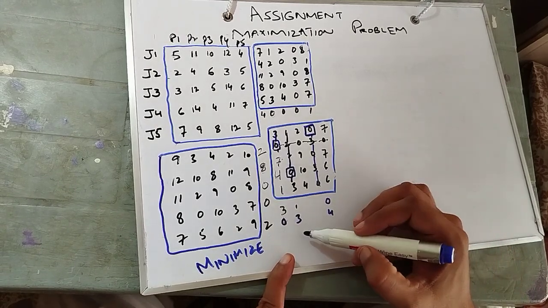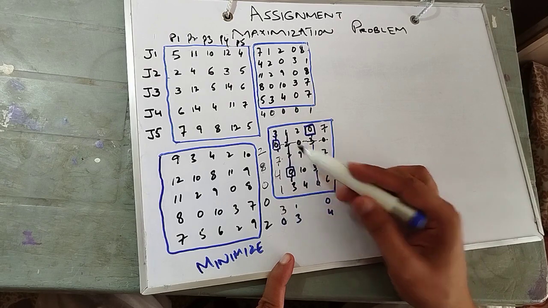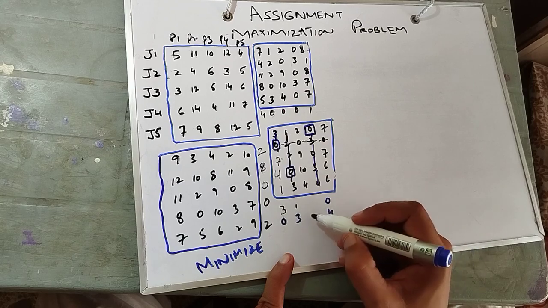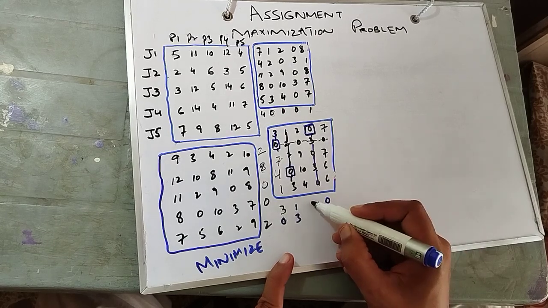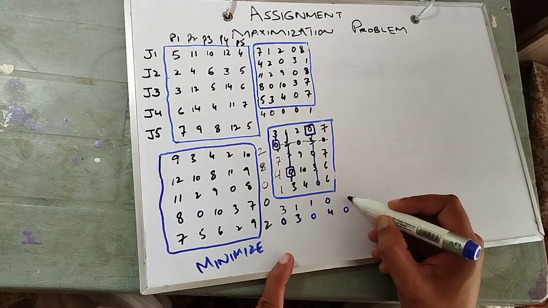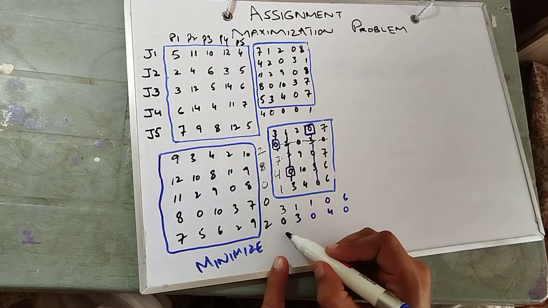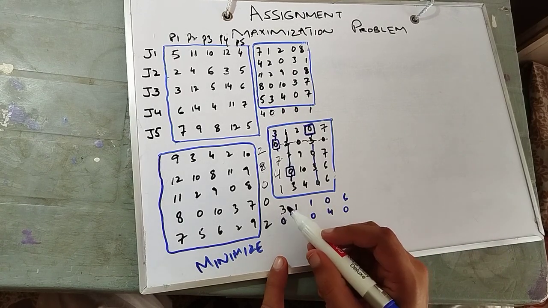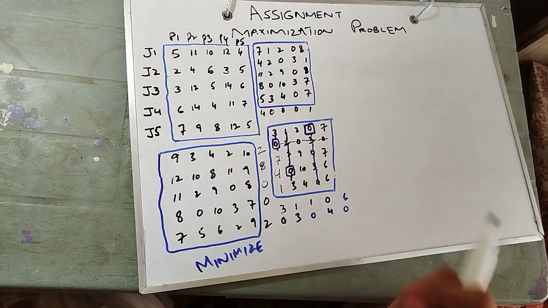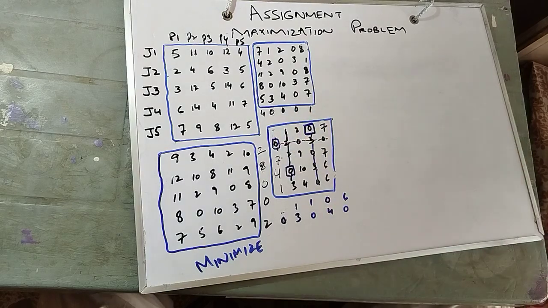So 2 was intersected, and 3 was intersected. So both are increased by 1. So the remaining would have to be reduced, like 2 has to be reduced to 1. 0 will be same. 0 will be same. 7 would be reduced to 6. 3 has to be reduced as well, because it was not cut.